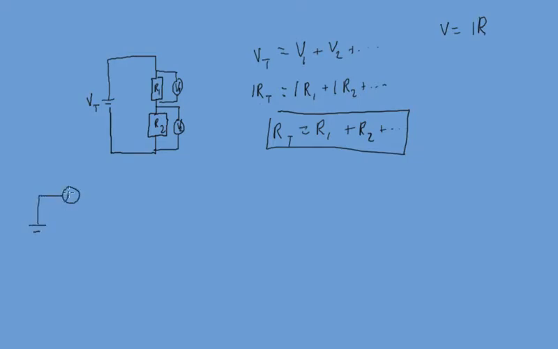We've got an ammeter here. And this is 6 volts, this is 4 ohms, 5 ohms, 3 ohms.